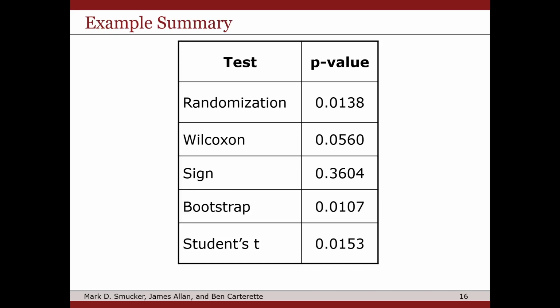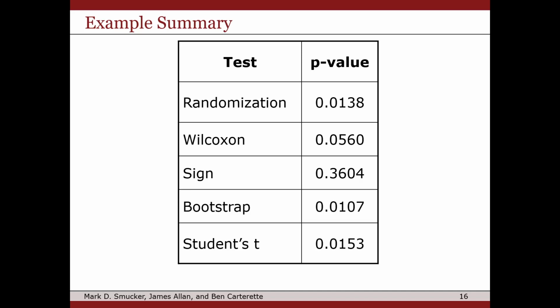All right, so this is the summary of those p-values for those different tests. At least in this one example, the randomization, the Bootstrap and Student's t are well in line with themselves, but the Wilcoxon and the sign are saying, well, if we set our significance level at 0.05, then nope, we don't have a significant result here, whereas the randomization, Bootstrap and Student's t all do say there is one.